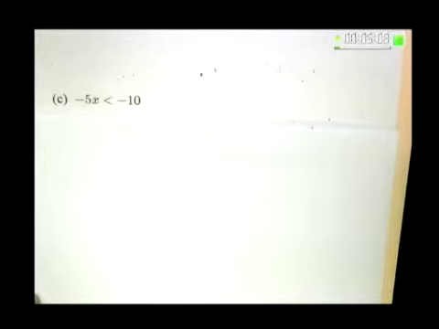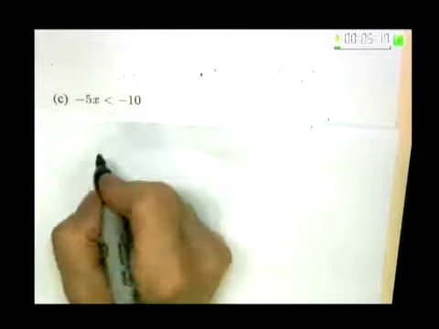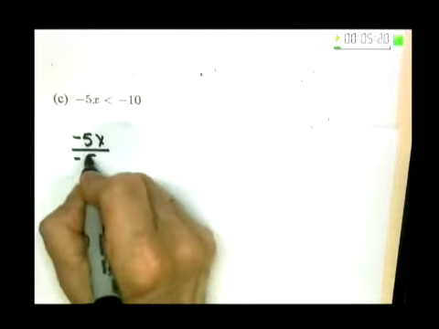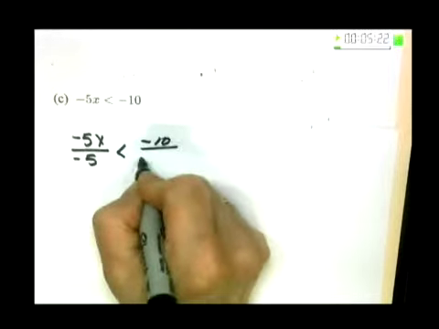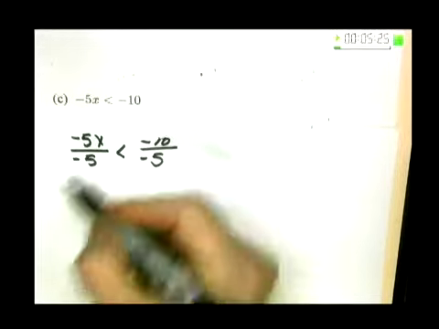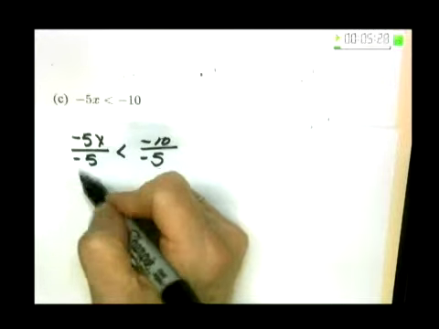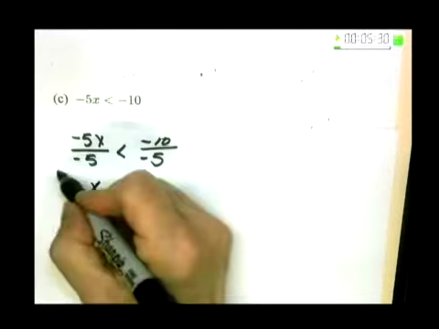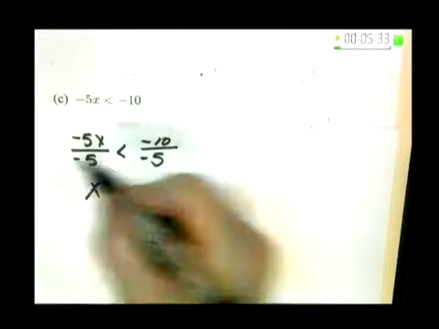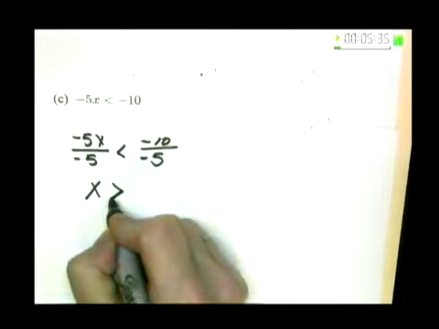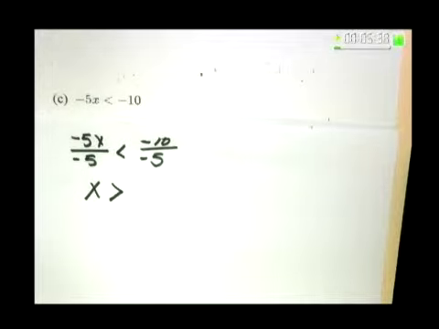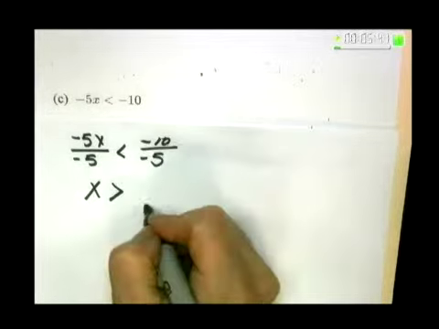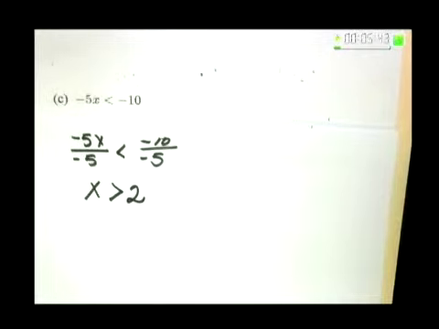I want to solve for the variable x, so I'm going to divide both sides of my inequality by negative 5. Negative 5x divided by negative 5 is less than negative 10 divided by negative 5. Negative 5 divided by negative 5 is 1. 1 times x is x. But when I divide by a negative, I reverse the inequality, so less than becomes greater than. And a negative divided by a negative is positive, so negative 10 divided by negative 5 is 2. Okay? So that's my solution.